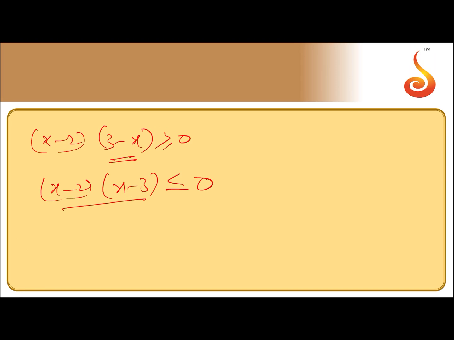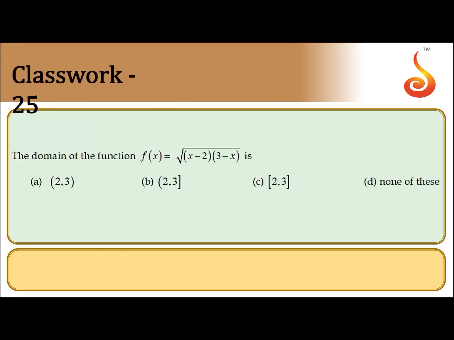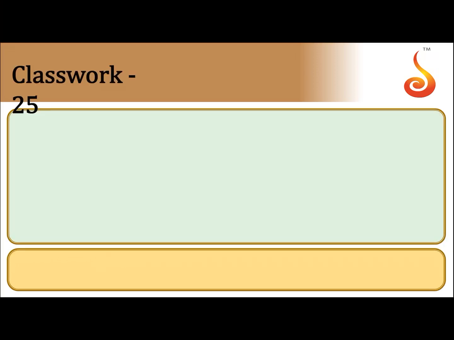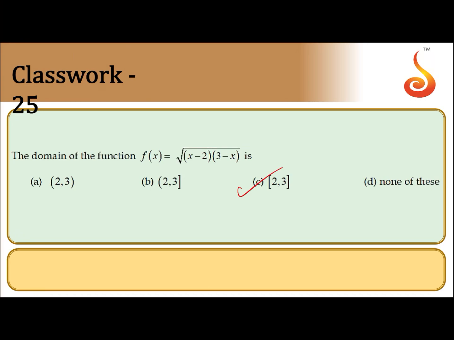Now you could clearly see that the solution for this one lies between 2 and 3. Because of the equality with 0, x can be equal to 2, x can be equal to 3, and therefore the answer for the problem is 2, 3. The solution for the problem is 2, 3, which satisfies the condition over here. Right? Yes.